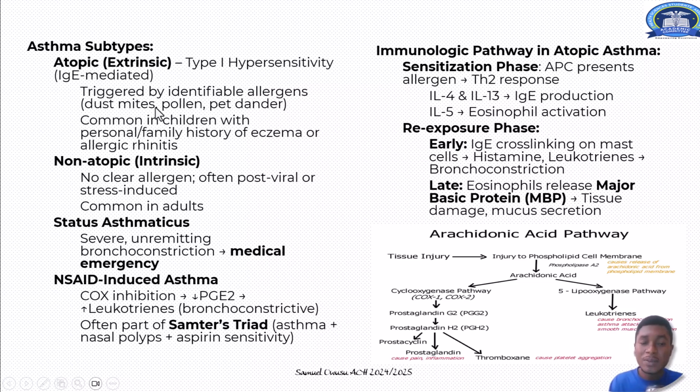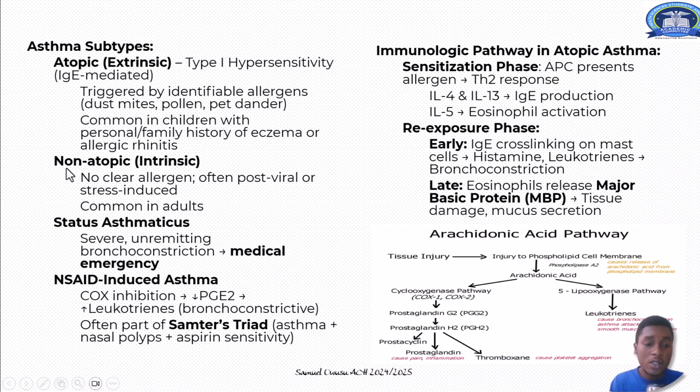And then this is triggered by allergens. So most people with asthma, you will see they have dust mites, pollen, pet dander. Most of these are things that will trigger the exacerbation or asthma attacks. All right, it is very common in children with a history of eczema or allergic rhinitis. So you will want to take note of this for your exams.